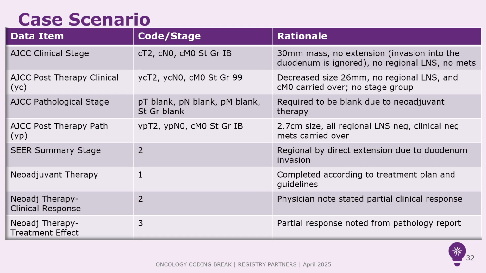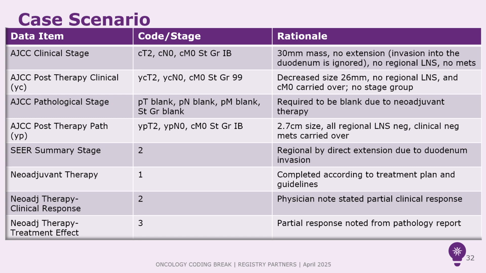Our AJCC clinical stage is going to be a cT2, cN0, cM0, stage group 1B, with a 30 millimeter tumor mass, no extension, invasion into the duodenum is ignored, no regional lymph nodes, and no mets.